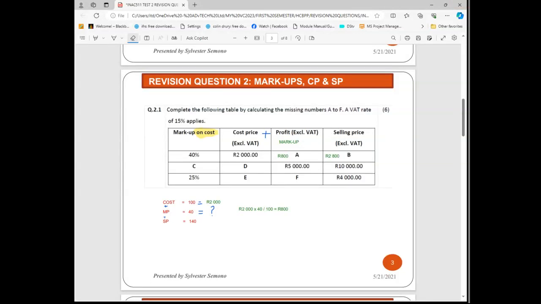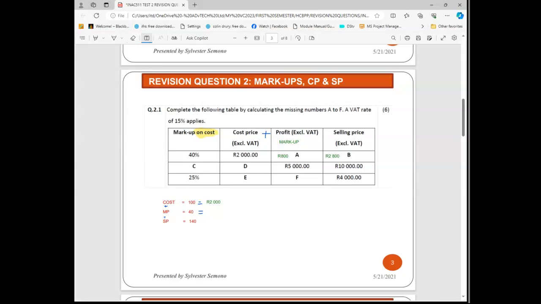Okay, let's say I wanted you to find B first. Are we together? Yes. How would you analyze here? Remember, if I say find B first, we only have 2000, we don't have A, we don't have B. So how would you approach this question?